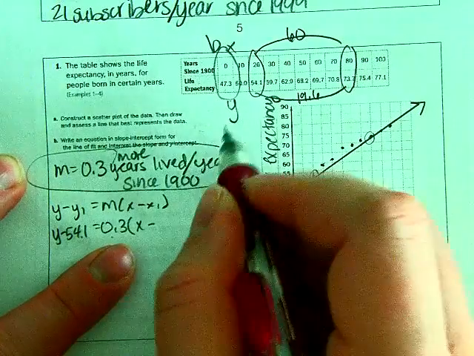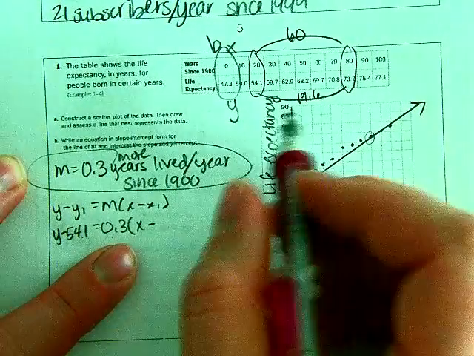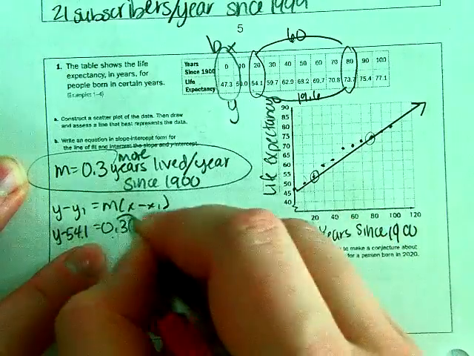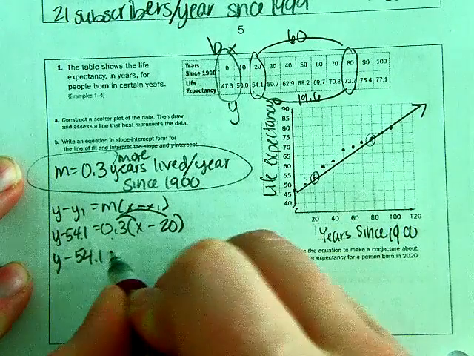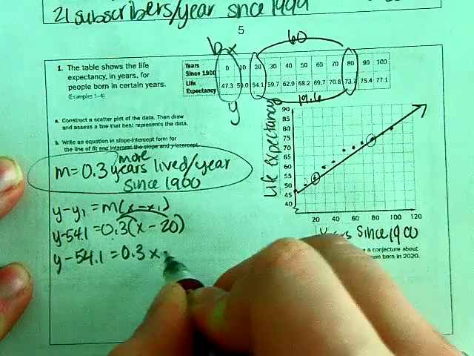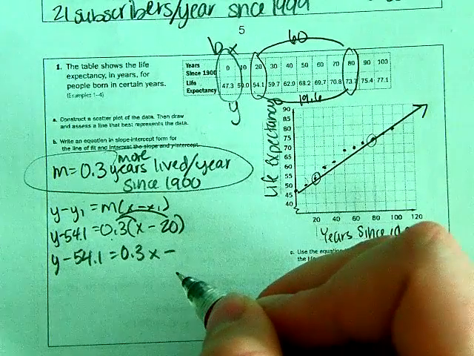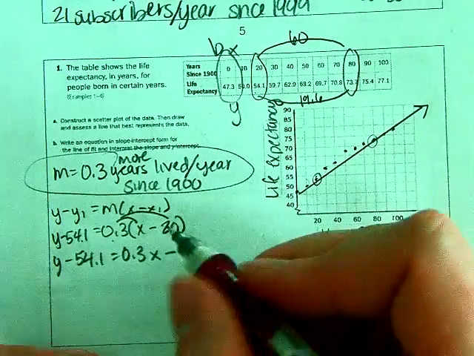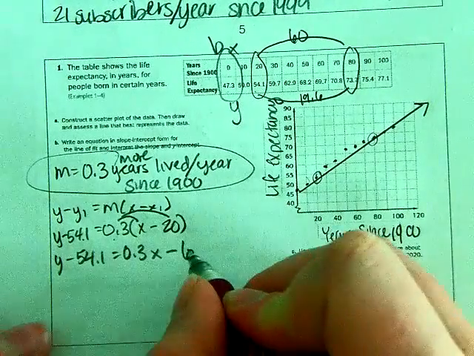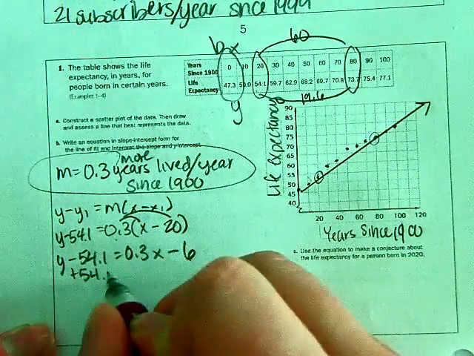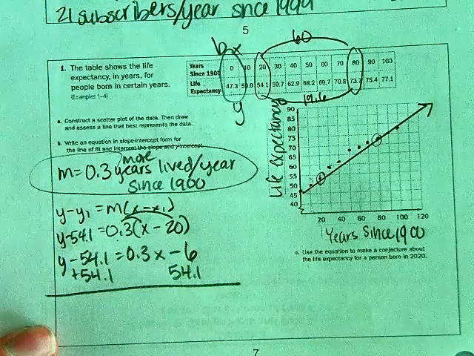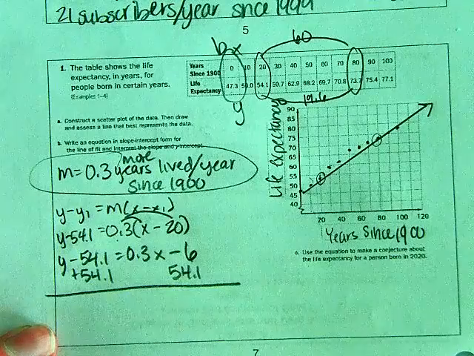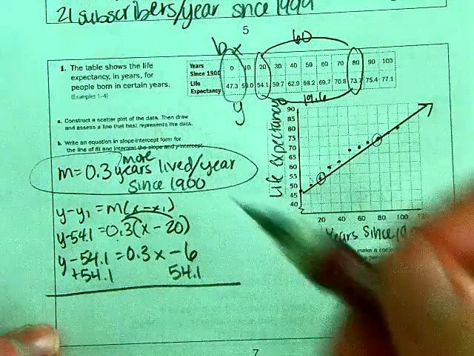x minus, what goes with 20, or no, 20. So if I distribute my 0.3, I'm going to get y minus 54.1 equals 0.3x minus 20 times 0.3, 6. If I add 54.1 to that negative 6, we get 48.1.